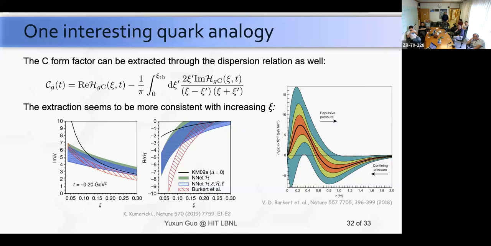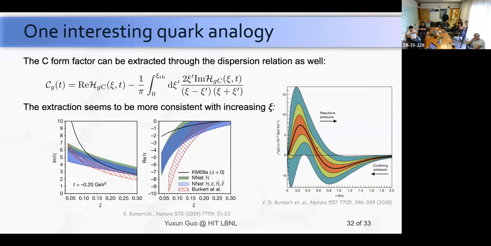There has been a follow-up work by Kumerički, who discusses the measurability of the pressure distribution using this framework, and those different bands stand for different ways of extracting it. The right plot is the real part of the Compton amplitude, and you can see that things differ a lot when skewness is small, but agree as skewness gets larger. That means different extraction methods start to converge.